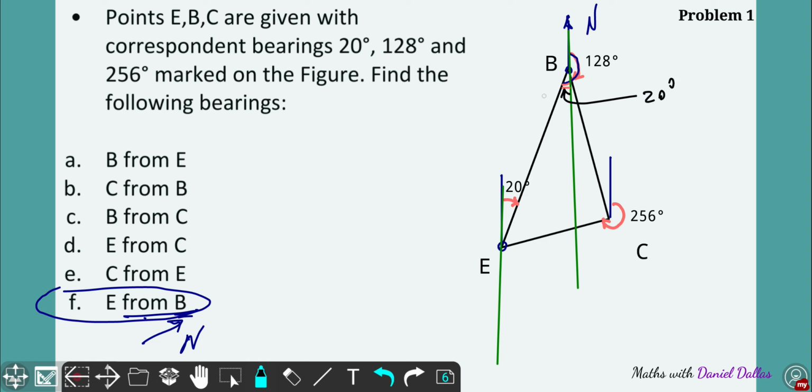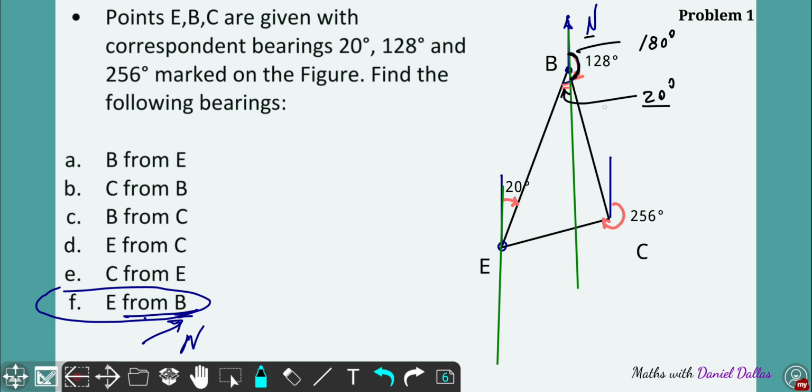But the complete bearing, E from B, is actually the 180 degrees up to the green line. So basically it's an open angle around point B. So right there, from north to the greenish parallel line. Okay, that's 180.